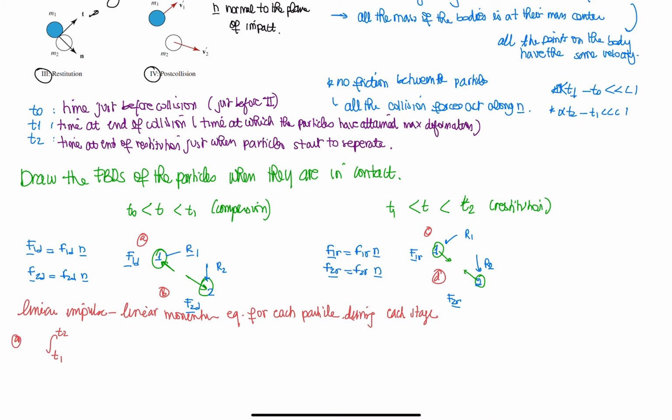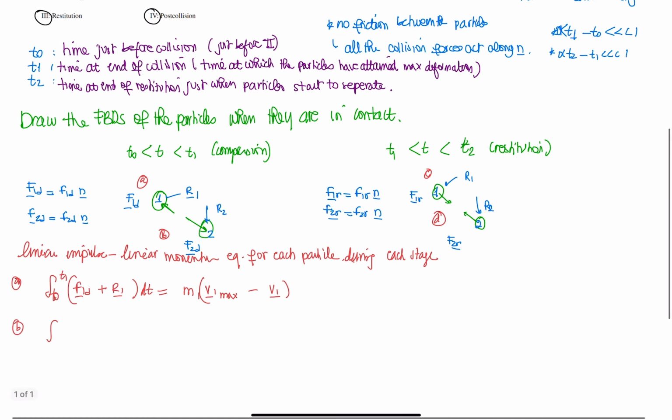Well, not T1 to T2 actually, T0 to T1 of F1d plus R1 dt, that's equal to the mass of particle 1 times the velocity of particle 1 when you have max deformation minus the velocity of particle 1 pre-collision.